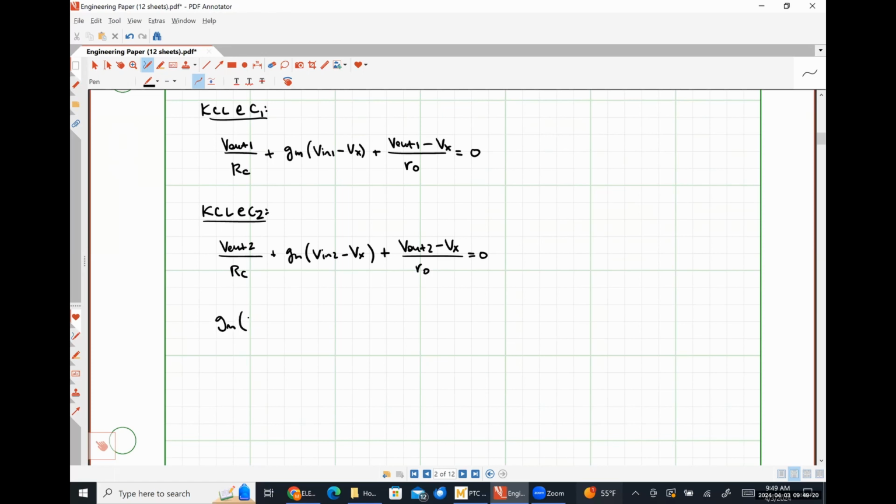So when I add these together, I wind up getting GM (Vπ1 plus Vπ2), which we know is going to go to 0, I'll cross it out here in a minute, minus 2 GM Vx.